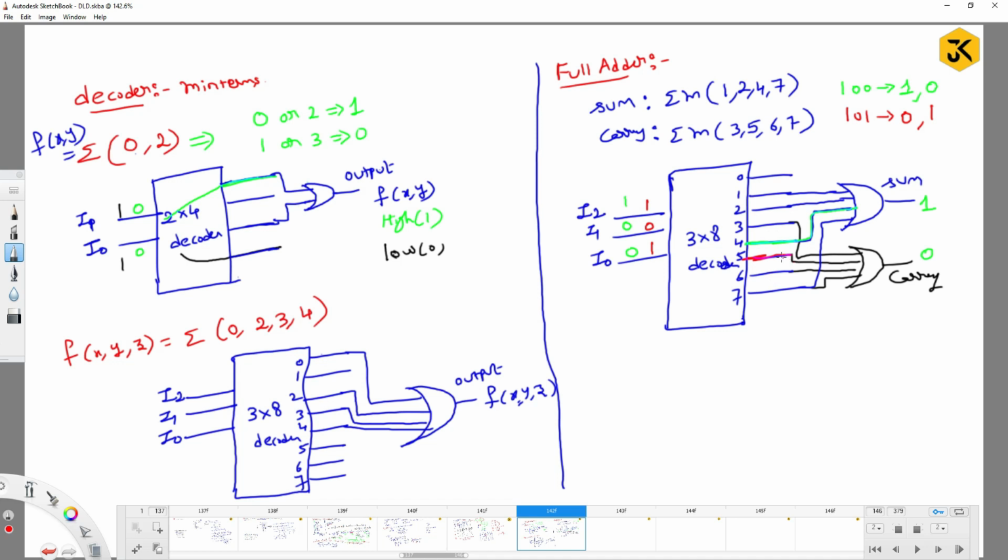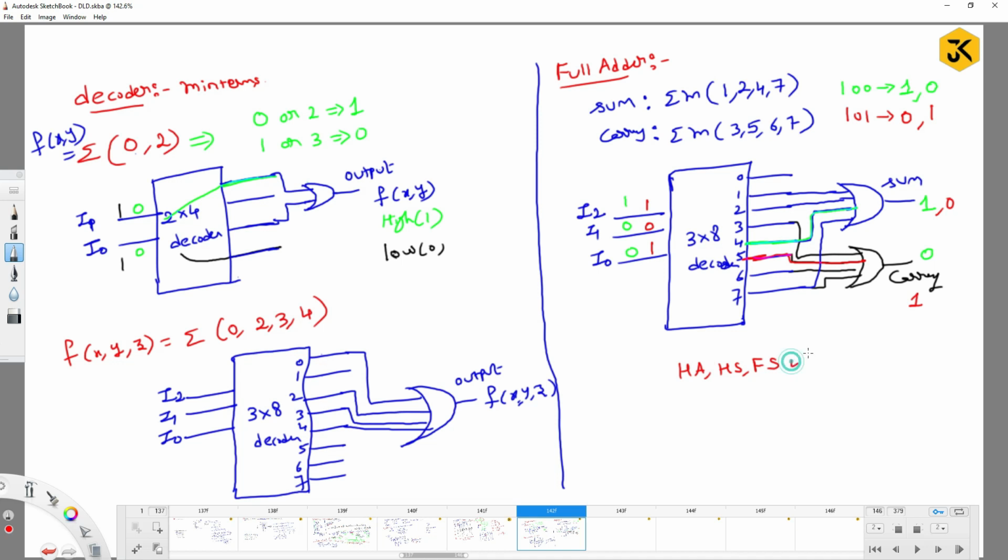So at this particular line you are getting high voltage, so you get the value 1, and as no connections are there here, you get the value 0. Similarly, for the coming class, try to do the half adder, half subtractor and full subtractor.